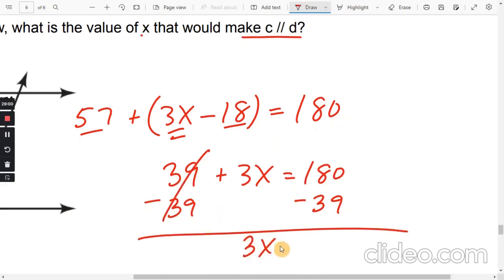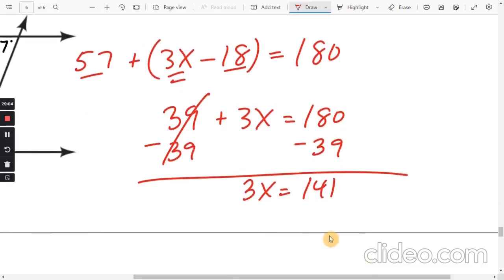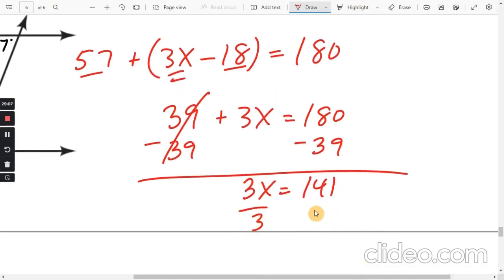Bring it down. 180 minus 39 is 141. And dividing both sides by 3. 3 into 12 goes 4 times, carry the 2. 3 into 21 goes 7 times. So if X were 47, that would make the lines parallel.